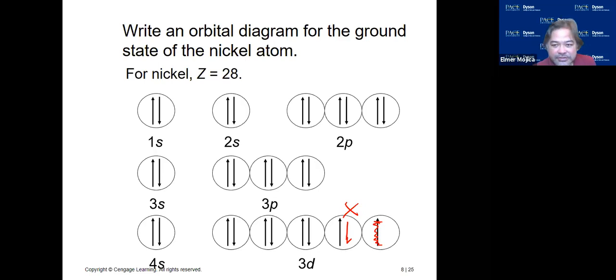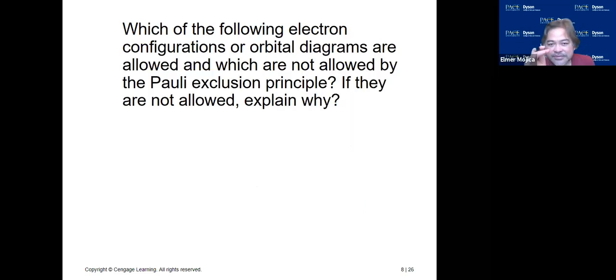Let's try to answer the following electron configurations or orbital diagrams: which are allowed and which are not allowed by the Pauli exclusion principle. And if they are not allowed, you have to explain why. Is this allowed?